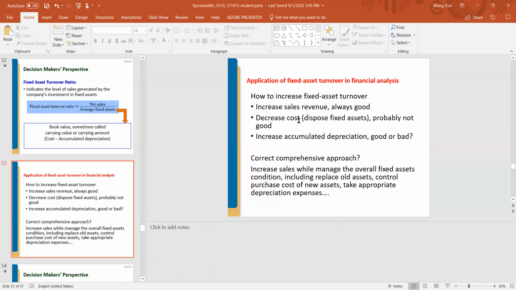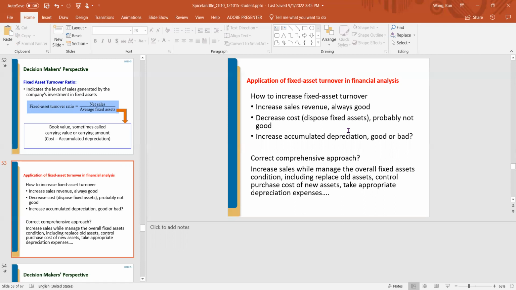But to decrease the cost, that means you are getting rid of the related fixed assets. For example, you dispose of your equipment, buildings, or machinery. That may not be good for the company's future development because you are shrinking the scale or the size of the company. That's not something good in general.